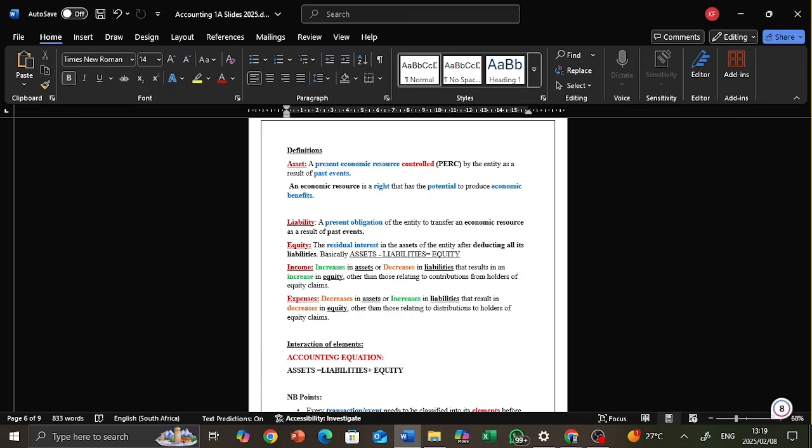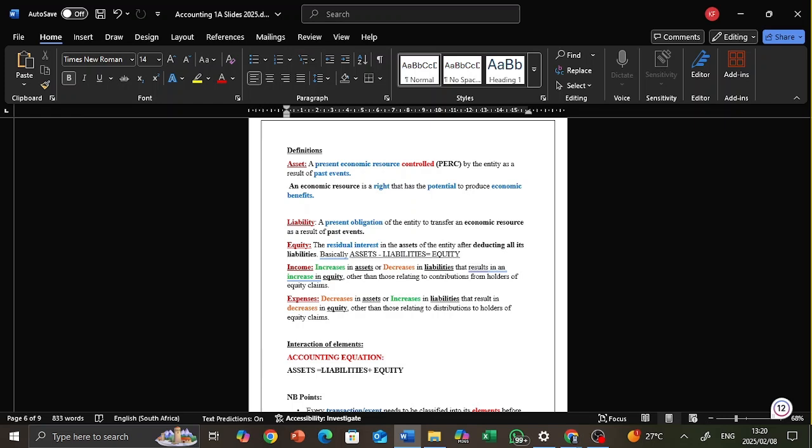Furthermore, you need to know what an economic resource is. Okay? An economic resource is a right that has the potential to produce economic benefits. The words that are highlighted in these slides are very important words, and I believe you should use them as keywords in order to understand these definitions. Okay, right?